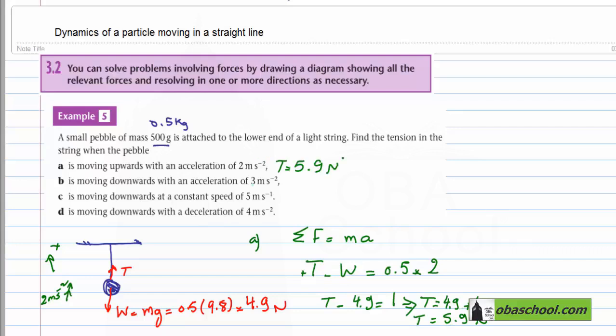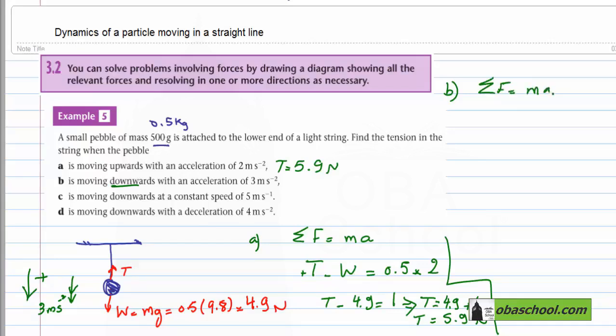Next, in part B, the pebble, that's our object, is moving downwards with an acceleration of 3 meters per second squared. Then here it is, a downward 3 meters per second squared. This is the acceleration. And the positive direction is thus downwards. Again, the summation of forces along the y-axis is equal to ma. That's Newton's second law.